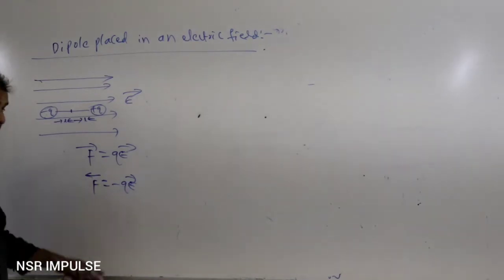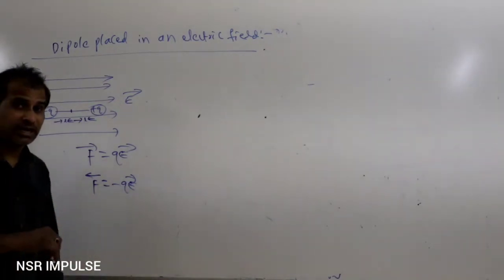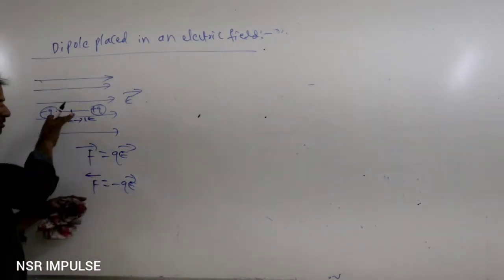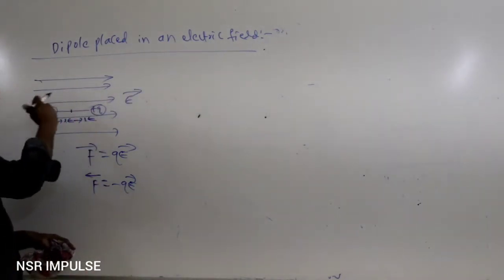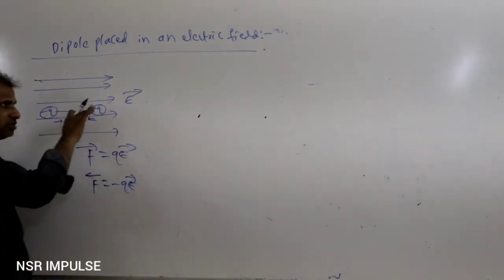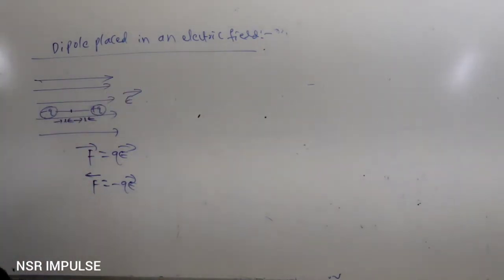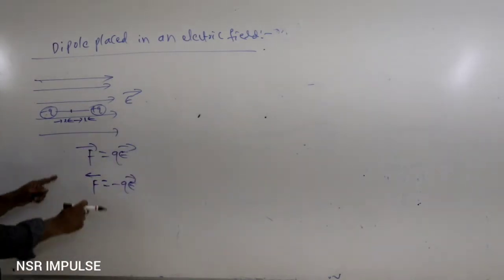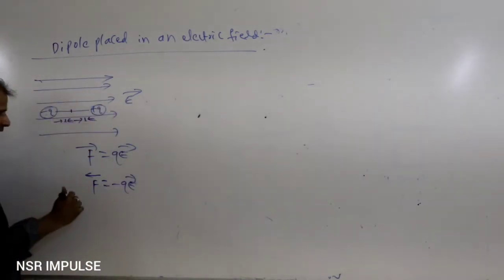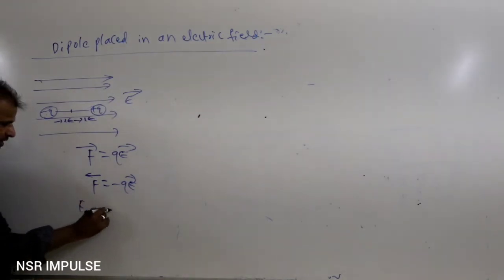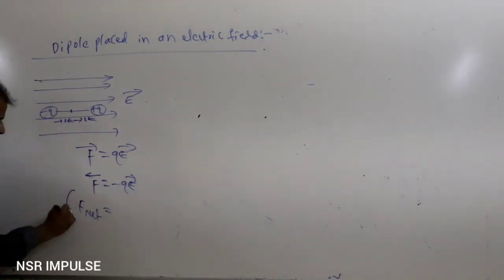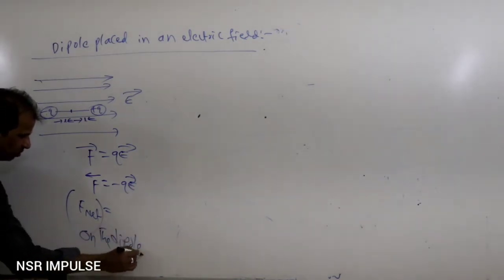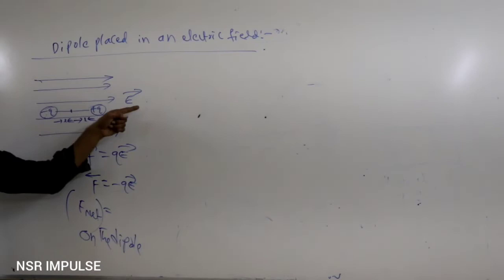This is why negative charge always gets accelerated in the opposite direction of electric field. Electric field like this, negative charge accelerated in this direction, positive charge gets accelerated in this direction. So net force on the dipole is equal to plus QE minus QE.